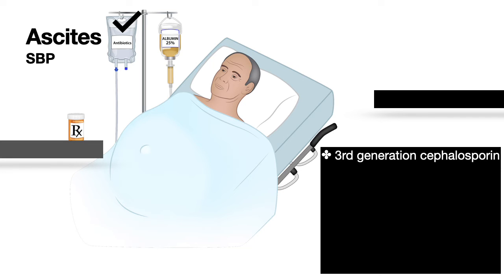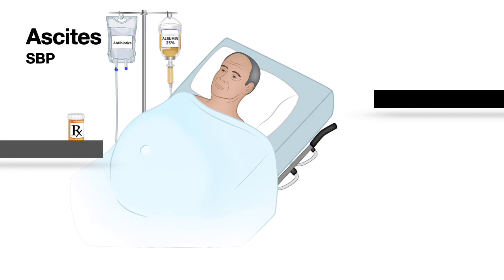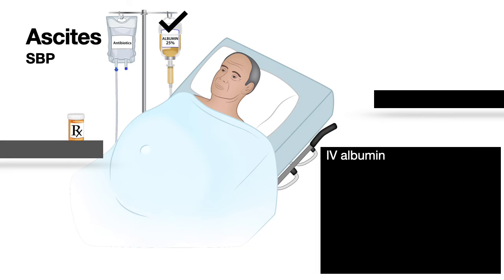And in addition to the antibiotic therapy, you should also treat this patient with intravenous albumin. You know that when you have cirrhosis, the patients already have a decreased effective circulating volume because of splanchnic vasodilation.